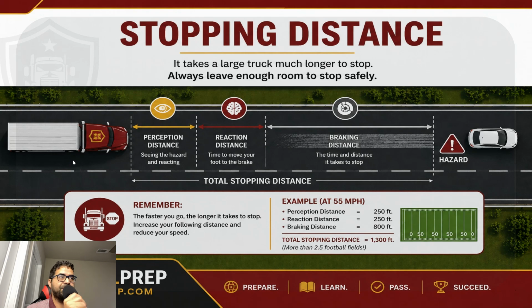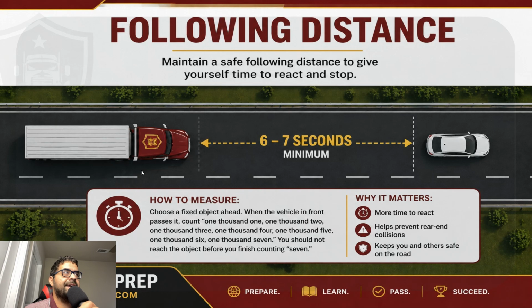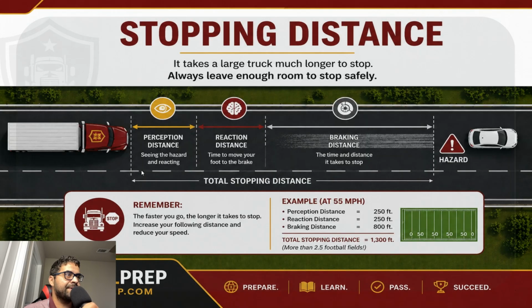You're gonna notice it when you start doing your training for that truck to start reacting to your command or what you're telling it to do. It's not going to happen right away. So that's why it's important, the previous slide about the following distance, that you keep your 6 to 7 seconds. That way gives you enough time.